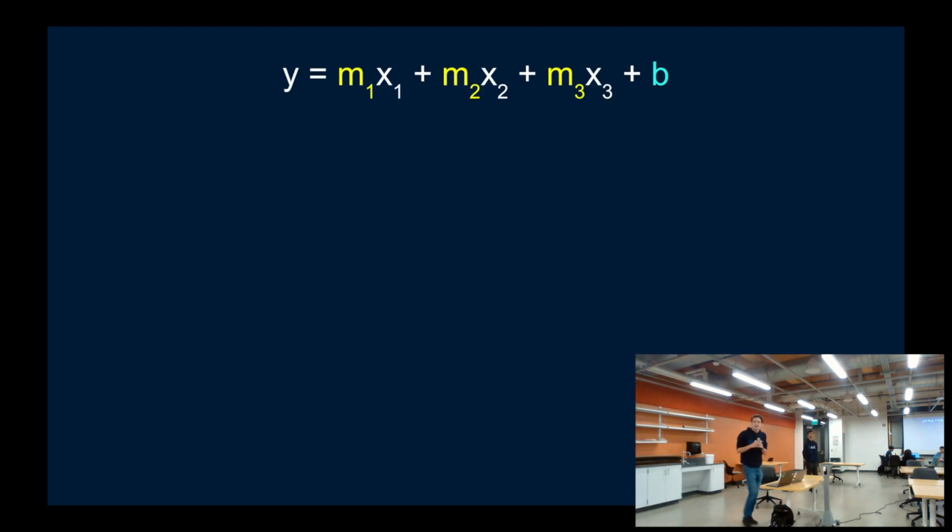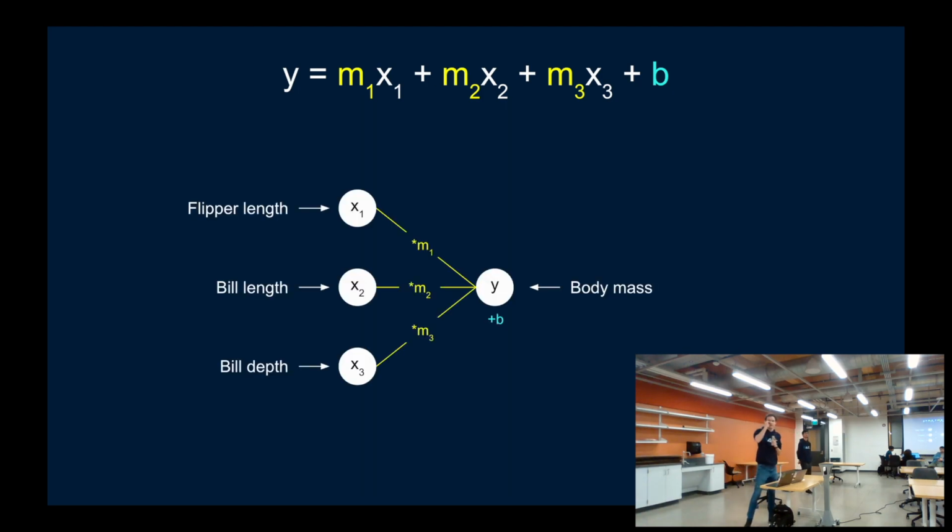I want to make a diagram of this linear model. It'll seem kind of unnecessary, like overkill, but you'll see in a second why having this diagram is useful. If I have my 3 inputs, the flipper length, the bill length, and the bill depth, and I want to calculate the body mass, I'm going to take each input and multiply it by some slope, some m.